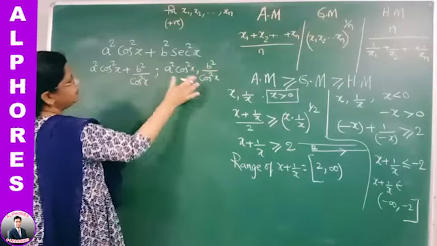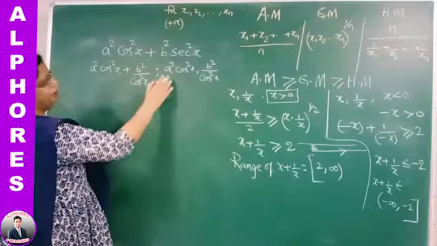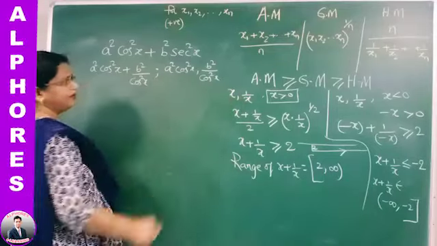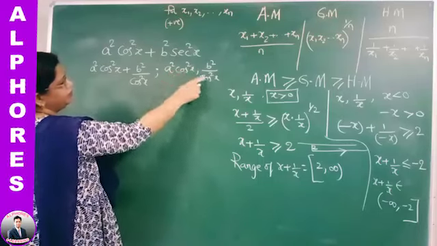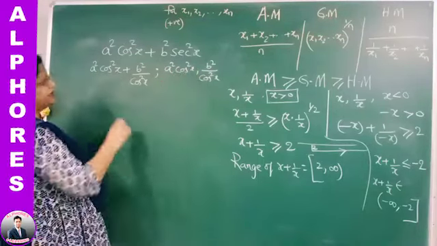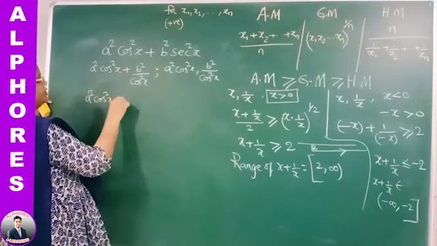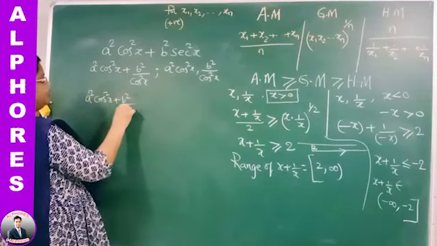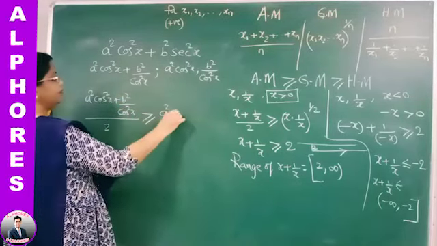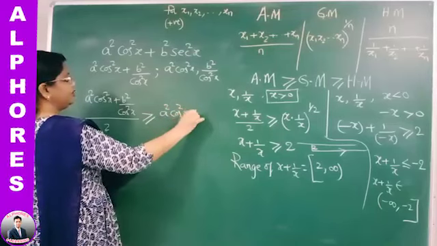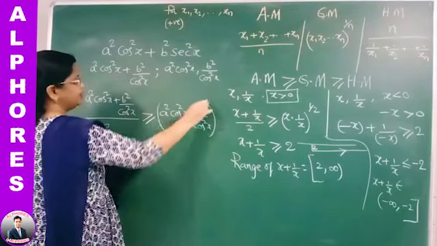So once you got these two values, how to write this one? Again the same model, AM greater than or equal to GM, because these two are here, while taking the product they get cancelled. So I am writing a square cos square x plus b square divided by cos square x, whole divided by 2, greater than or equal to a square cos square x into b square by cos square x, whole power 1 by 2.